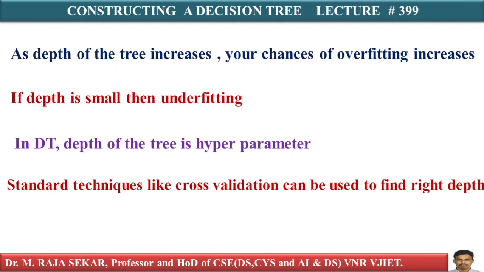Similarly, C is a hyperparameter in SVM, support vector machines. Depth plays the same role. If you get a pure node, you will stop. But if you don't want to go deep, the right depth can be calculated using cross validation.